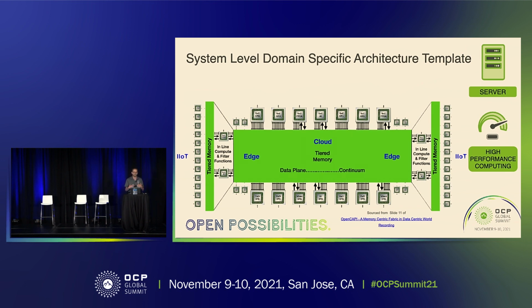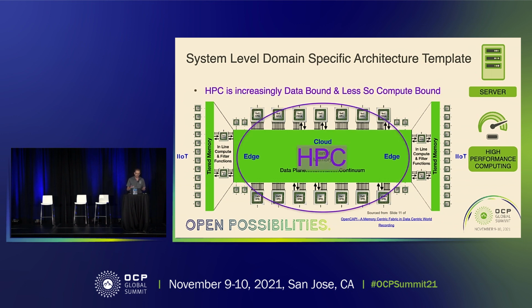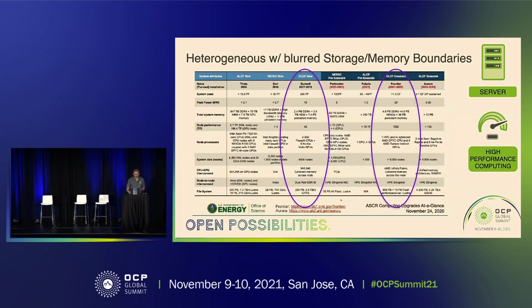Let's put the memory and the data in the middle and build around that. It's a bit of an abstract view, but from an HPC perspective, this is a data center diagram, and HPC is becoming increasingly data bound and less so compute bound. We've been traditionally very compute bound, and that's becoming an increasing problem.